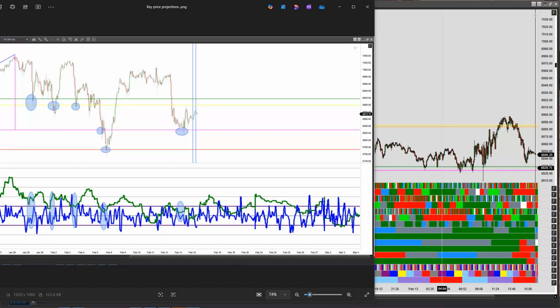So I've got two different price calculations locking me into this price zone here where we had this high on the 28th, which gave me the projections on the 60-minute chart.